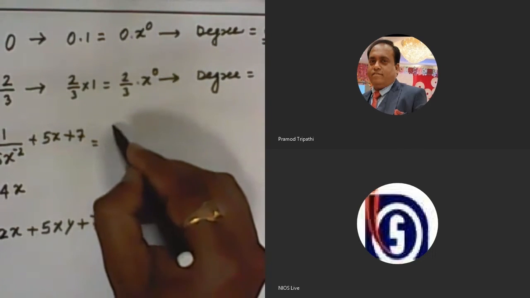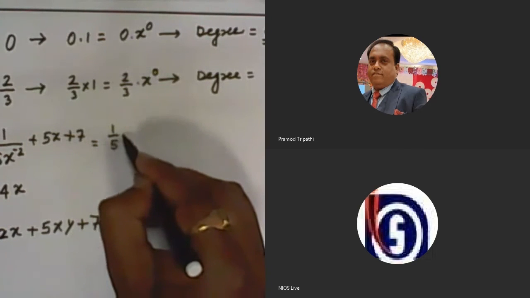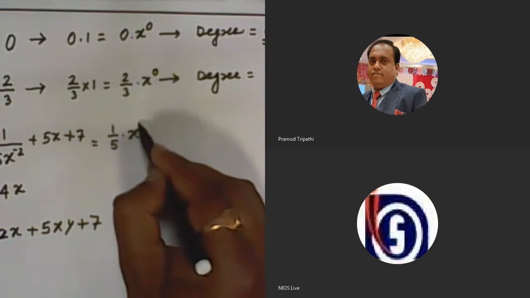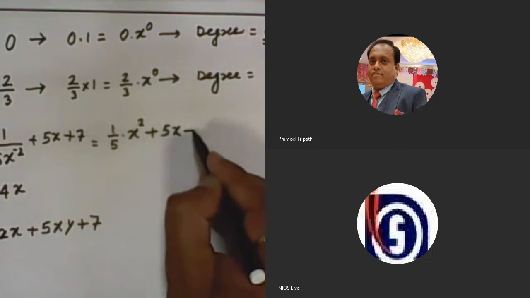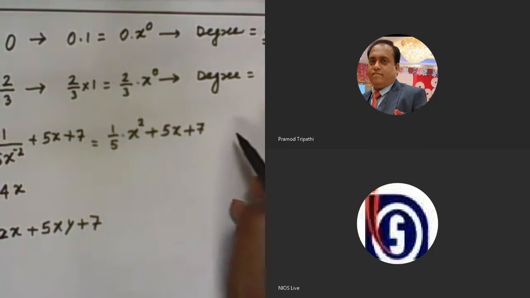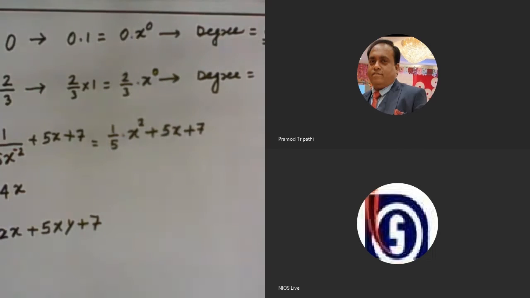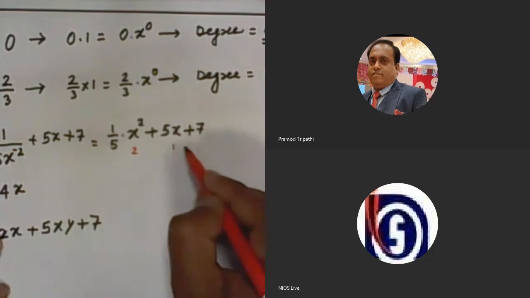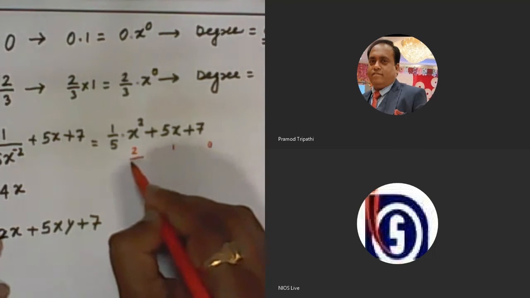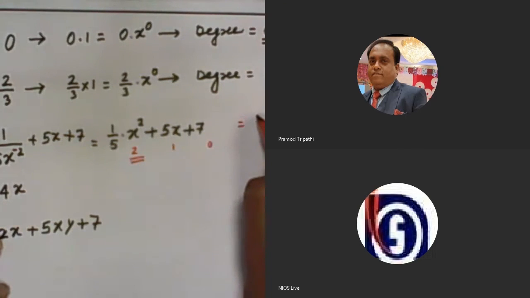In the same way, 1 upon 5 into x square plus 5x plus 7. The degree here is 2, here is 1, here is 0. So the highest degree is 2 here, so the degree is 2.